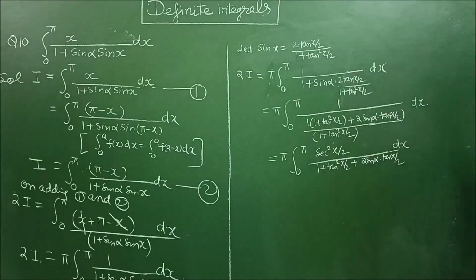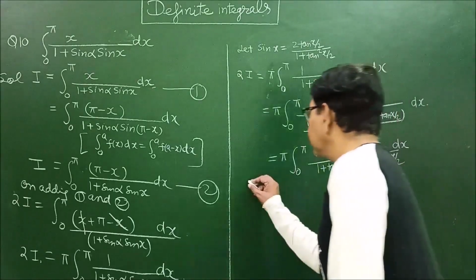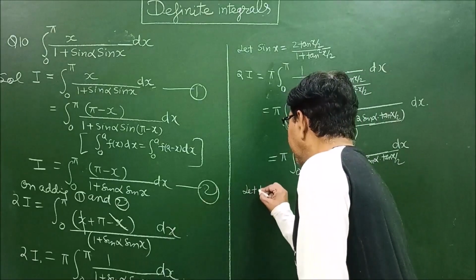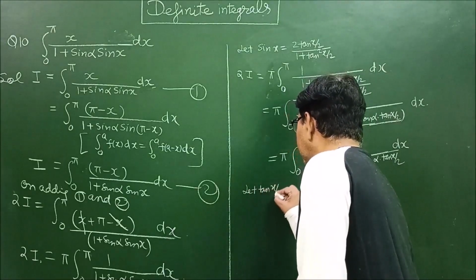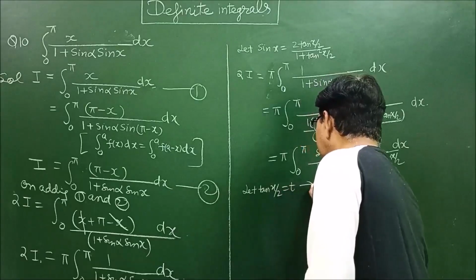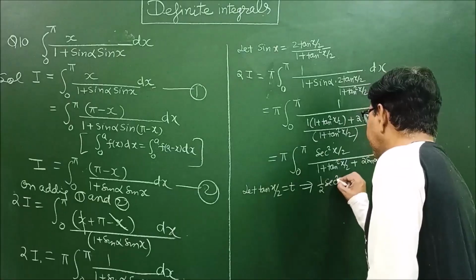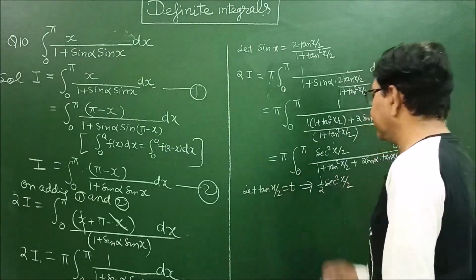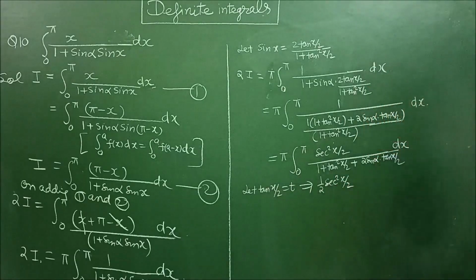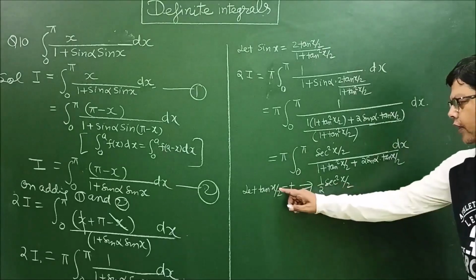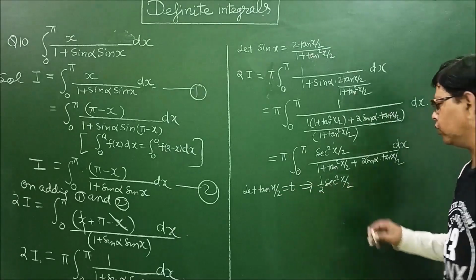Now let tan x by 2 is equal to t. On differentiating we get half sec square x by 2. Derivative of tan x by 2 is sec square x by 2, and x by 2 derivative is 1 by 2.